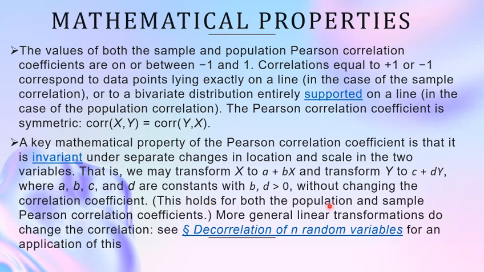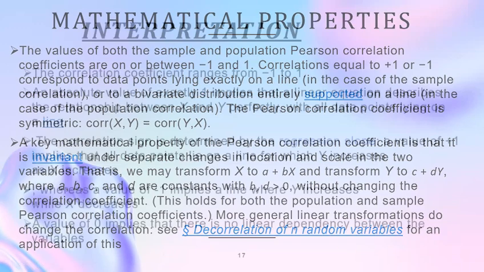This holds for both the population and sample Pearson correlation coefficients. More general linear transformations do change the correlation. For this, we have to look at the decorrelation of n random variables for an application of this property.